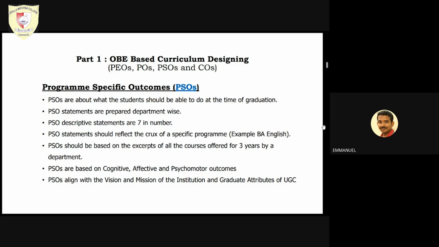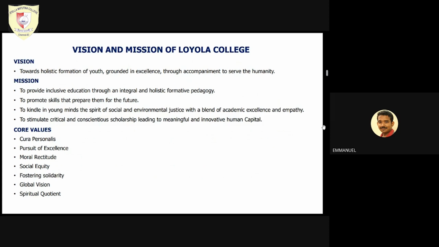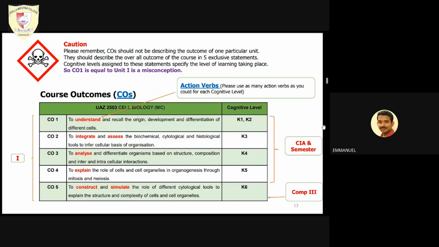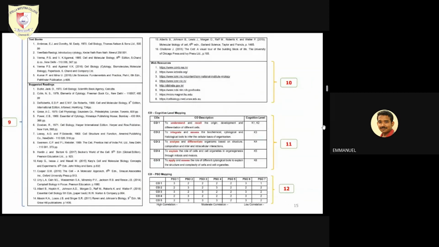For example, mathematics. Particular specific expected outcomes are put under several points. And how these things are given as vision, mission, core values, these are the crux of the objectives. Then course descriptors, how we have already explained course descriptors, under how many components.